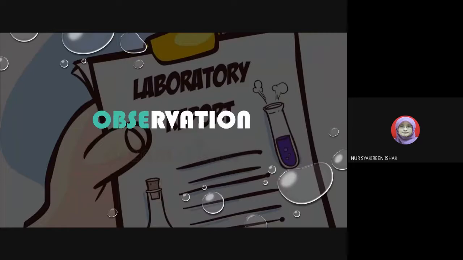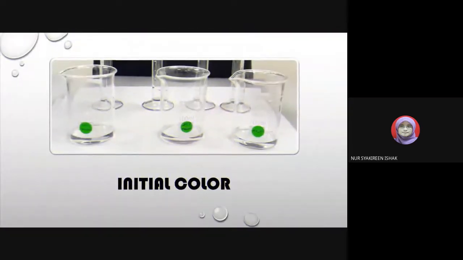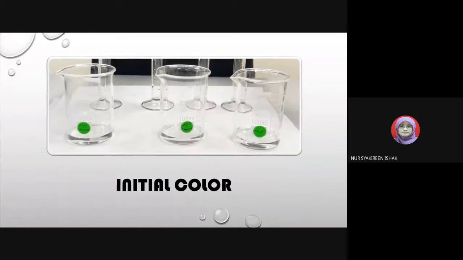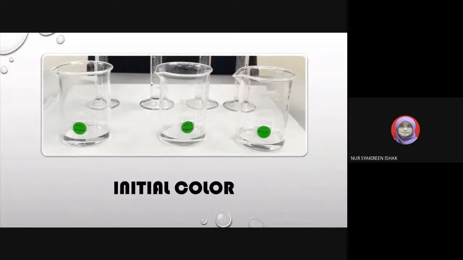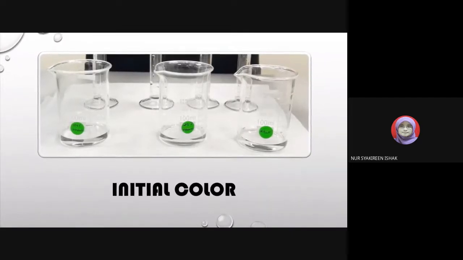Now, you need to record all your observation in a datasheet experiment. A datasheet must consist of a table to record color change of 3 different solutions used. Remember, this is the initial color of 100% ethanol, 25% ethanol, and distilled water.